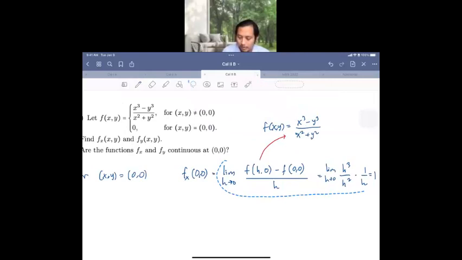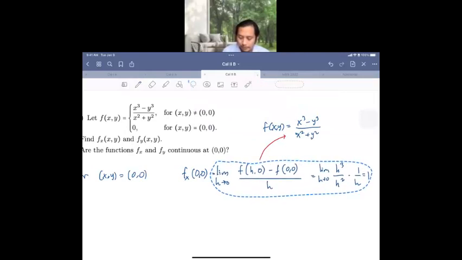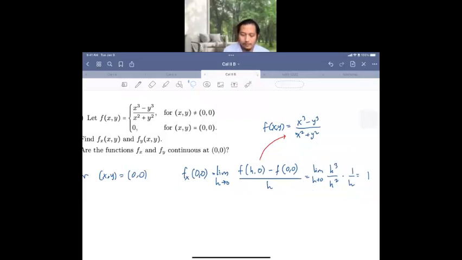Okay, and similarly, we could take the partial y.